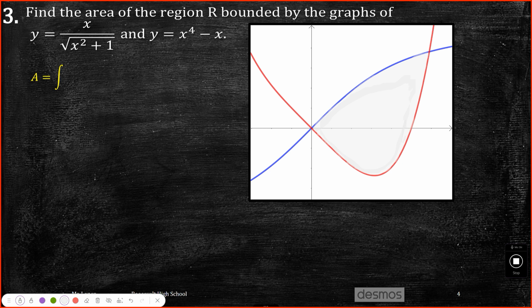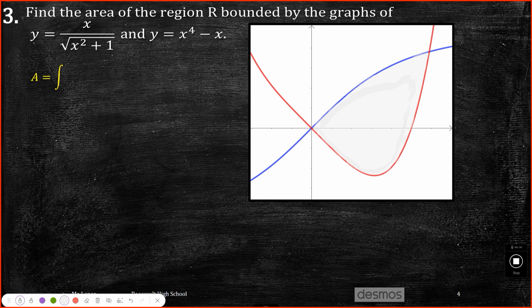We're going to just do menu and go to actions. Where do I go? Analyze graph. We want intersection. So move it over, enter. Is that how you do it?